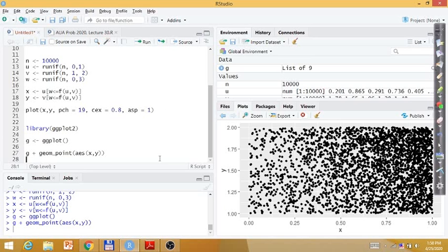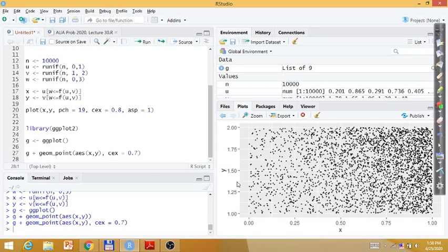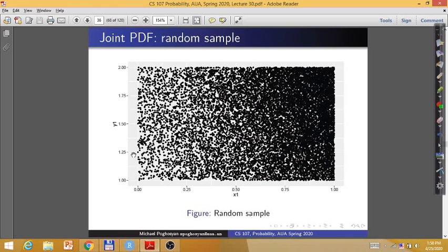Well, the size of my points, maybe I will add cex equal to 0.7. Let me run this. Yeah, something like this. Okay, so the next problem was the third.